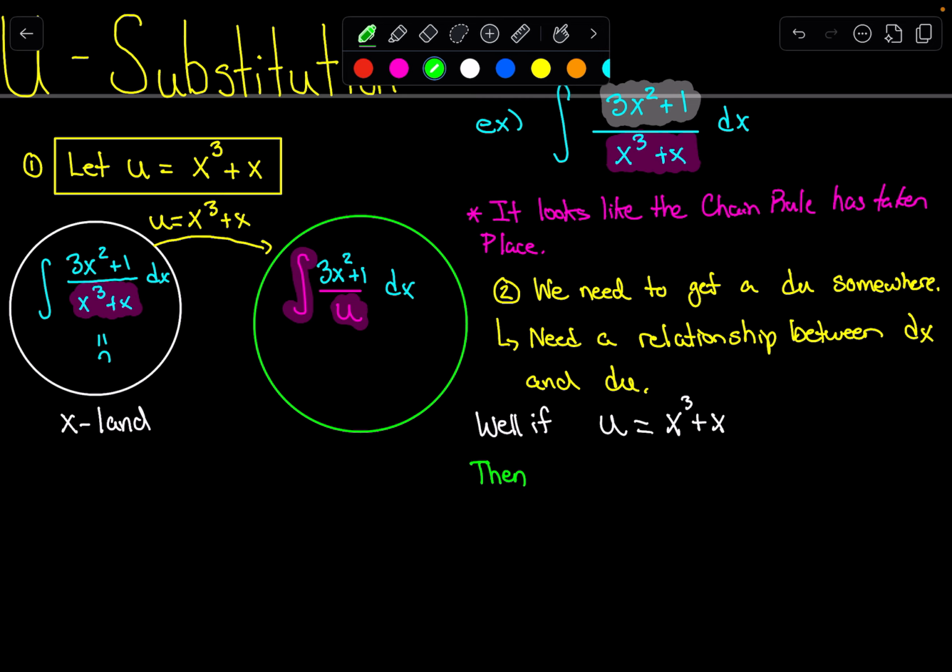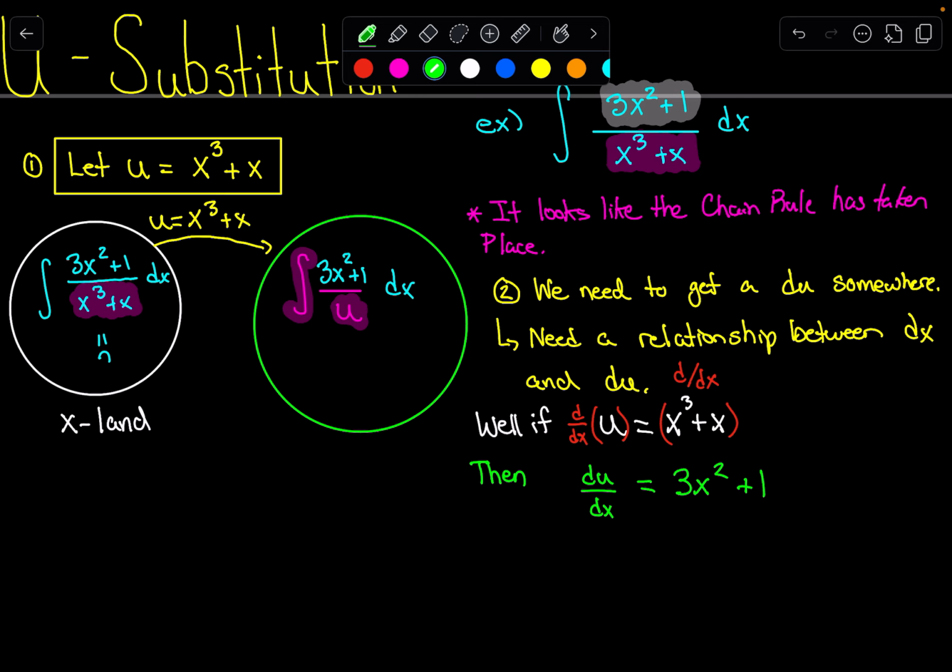Hopefully that sounds a lot like taking a derivative, because if I take the derivative of both sides of this with respect to x, what do we get? On the left-hand side, we're just going to be left with du dx. And on the right-hand side, we're going to be left with 3x squared plus 1.